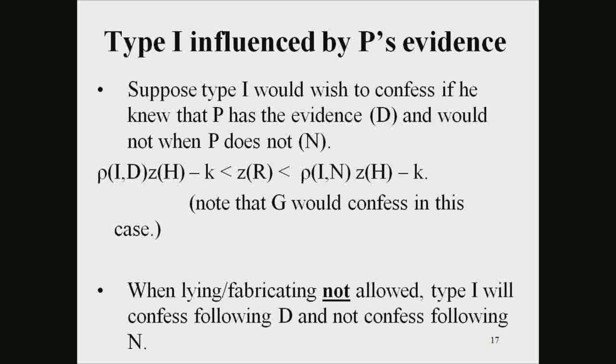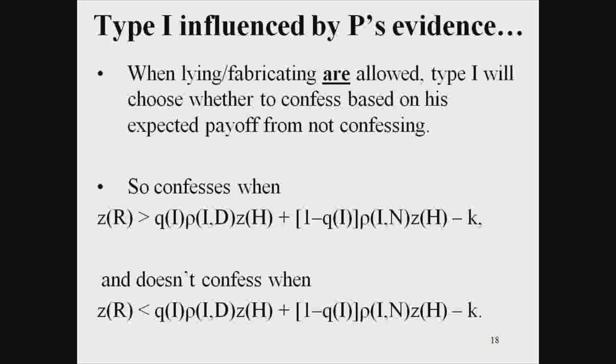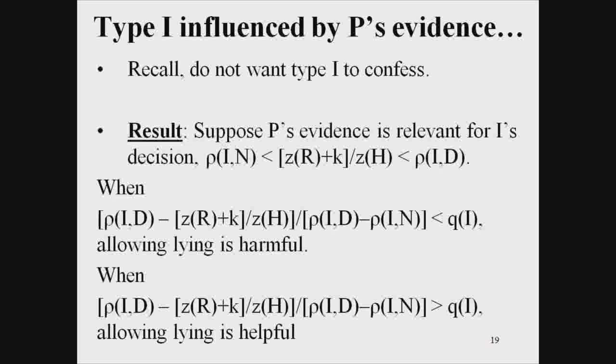So the innocent type will confess following D and will not confess following N, right? So it's helpful when it induces the one that would have confessed following D to not confess, right?